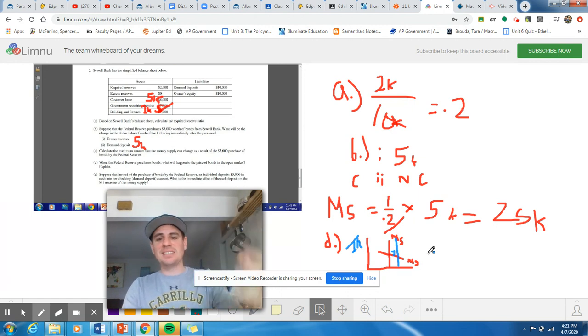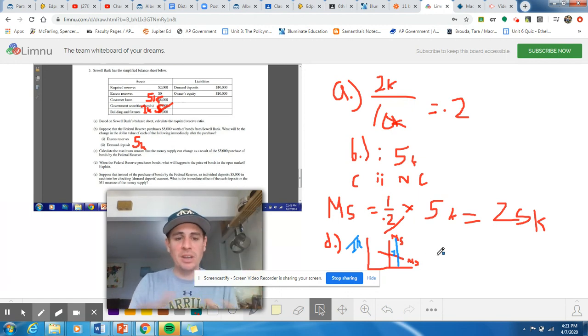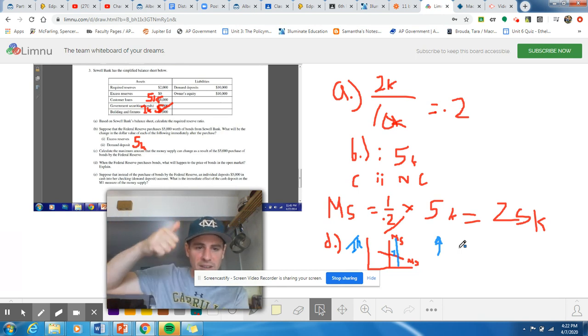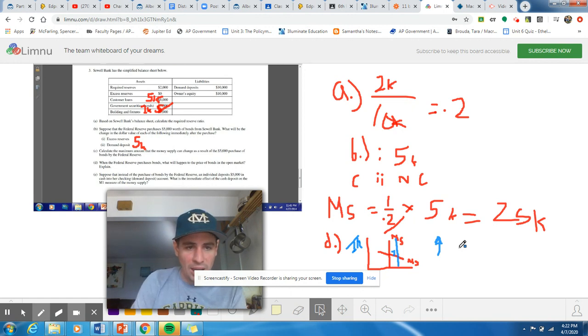If interest rates decrease, remember bond prices and interest rates are inversely related, so bond prices will increase. Oh, I've got to explain. I would explain the steps: increasing the money supply causes interest rates to decrease, and bond prices and interest rates are inversely related. Boom, there you go. That's the answer to D. That's going to get you 2 points if you tell me that bond prices increase and tell me the steps as to why.